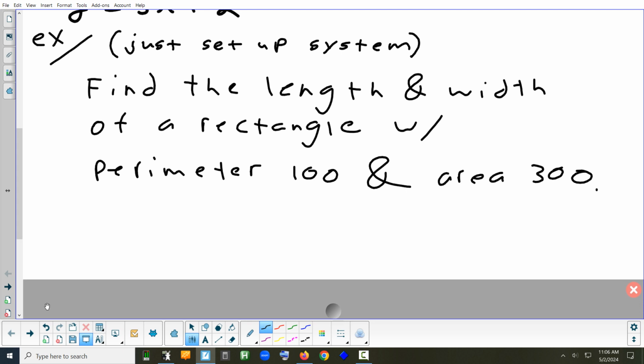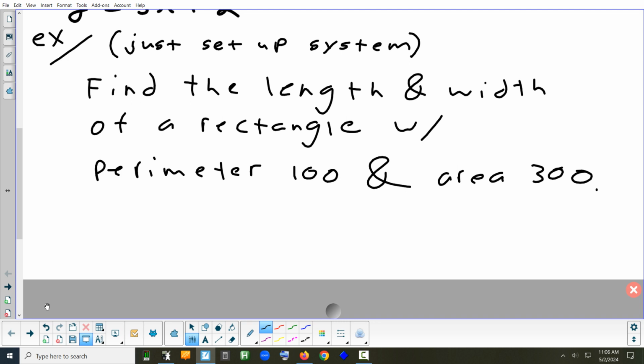Okay, so this basically gives us a rectangle. It says the perimeter is 100, the area is 300. Find the length and the width. What's the formula for the perimeter of a rectangle?